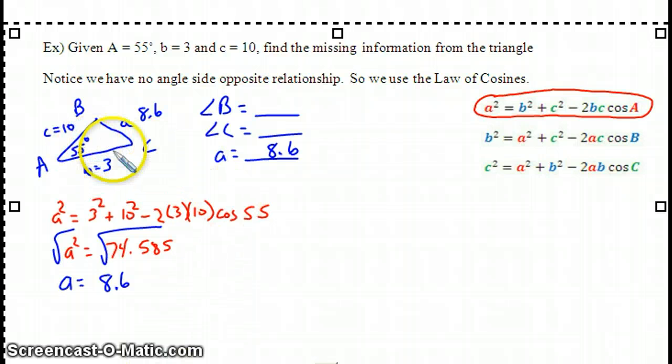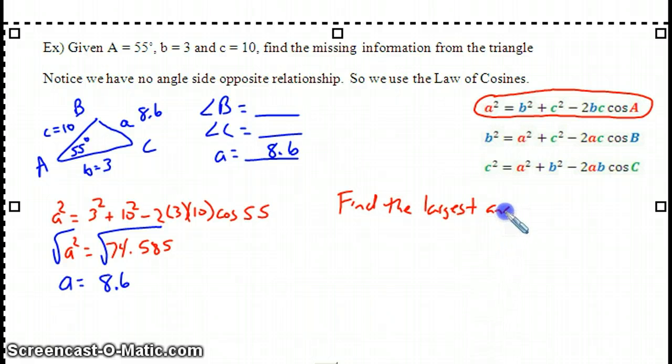So in this problem, my largest angle should be angle C because it's across from the largest side. So I recommend when you do the law of cosines, when you find your angle, to always try to find the largest angle first. And you really can only do that once you know all three side lengths.